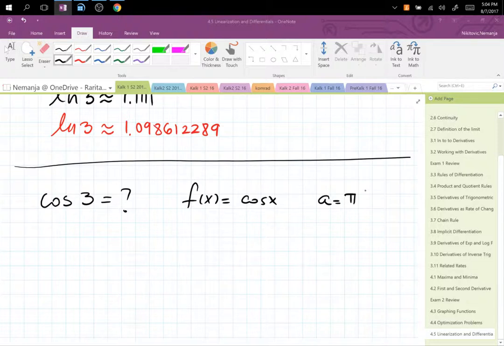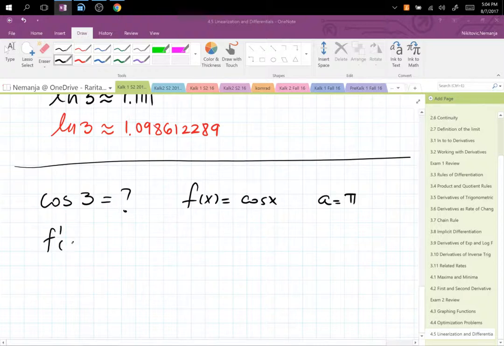All right, do we all have this done? What is the value? 0.99999? All right, let's take a look. So the function is cosine x. A is pi, because that's 3.14, close to 3. And then we have the tangent line.